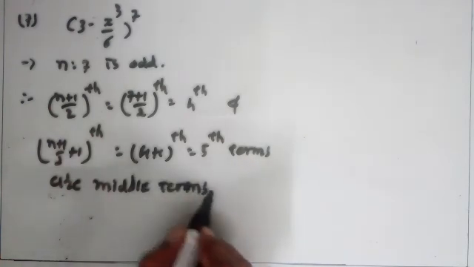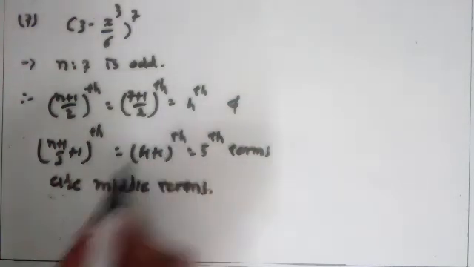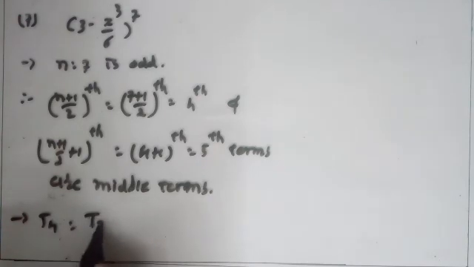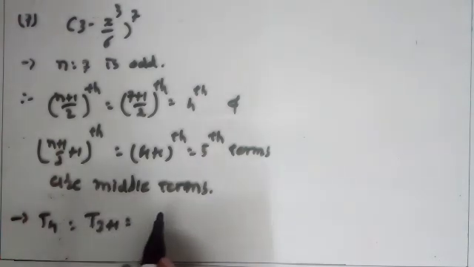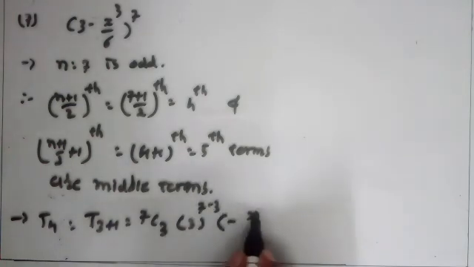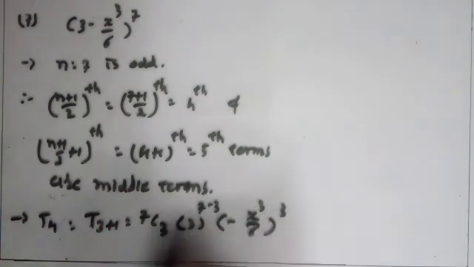Now find both middle terms. First find the first middle term, T4. We know the formula, T(3 plus 1) is equal to 7C3 times 3 raised to 7 minus 3, times minus x raised to 3, upon 6 raised to 3. Clear?